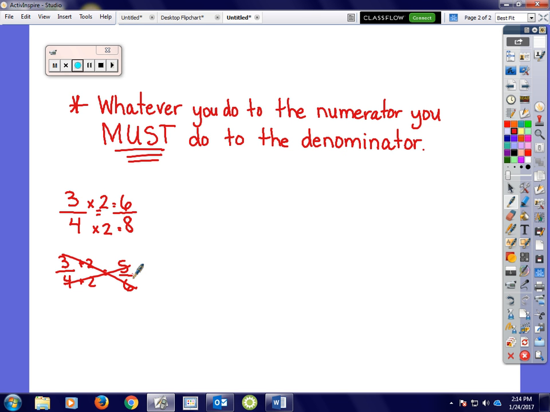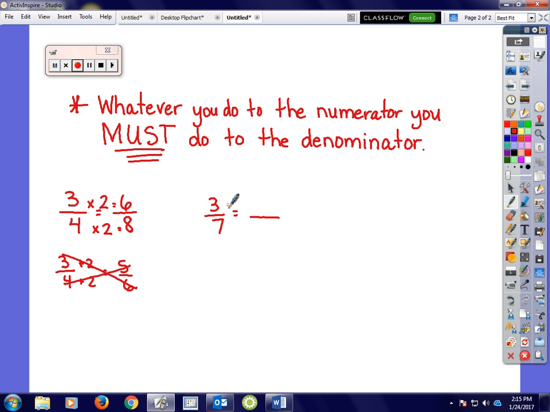So sometimes you're going to see a number and it's going to ask you to give you an equivalent fraction. Well, if that's the case, you get to choose what you want to do. So if I give you a number like 3/7, and I say to find the equivalent fraction, each and every one of you is probably going to have a different equivalent fraction, because I could do whatever I want as long as I do it to the numerator and the denominator.